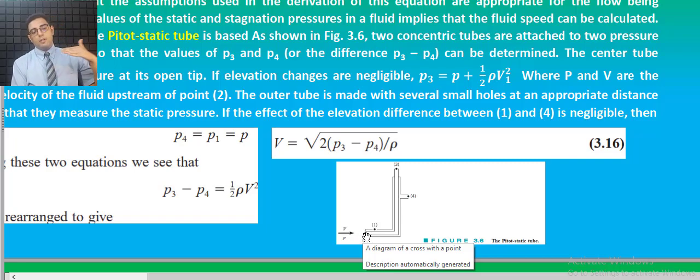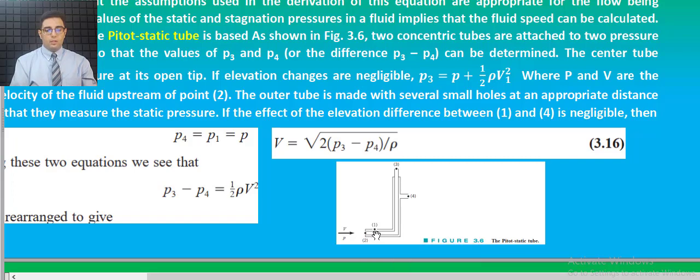Since the streamline is going ahead to point 2, we have the term 1 over 2 rho v1 to power 2. When it reaches point 1, it's going to be relatively calculated as static pressure.